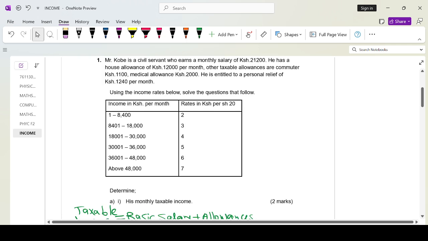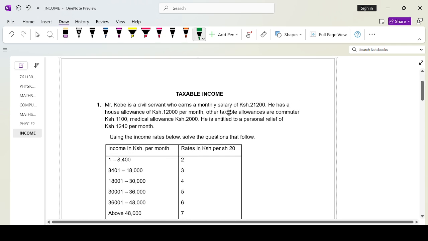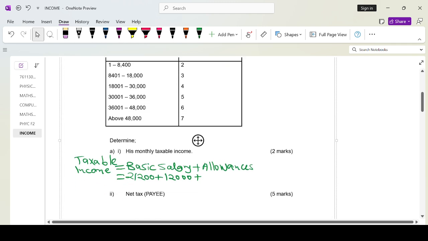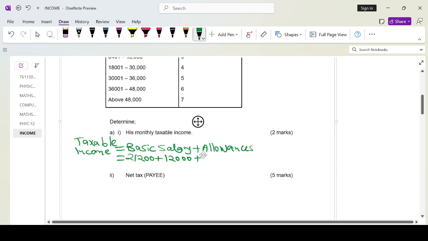Let's also see if he has another allowance. Other taxable allowances are commuter allowance, which is 1,100, and medical allowance, which is 2,000. So that is 1,100 plus 2,000.